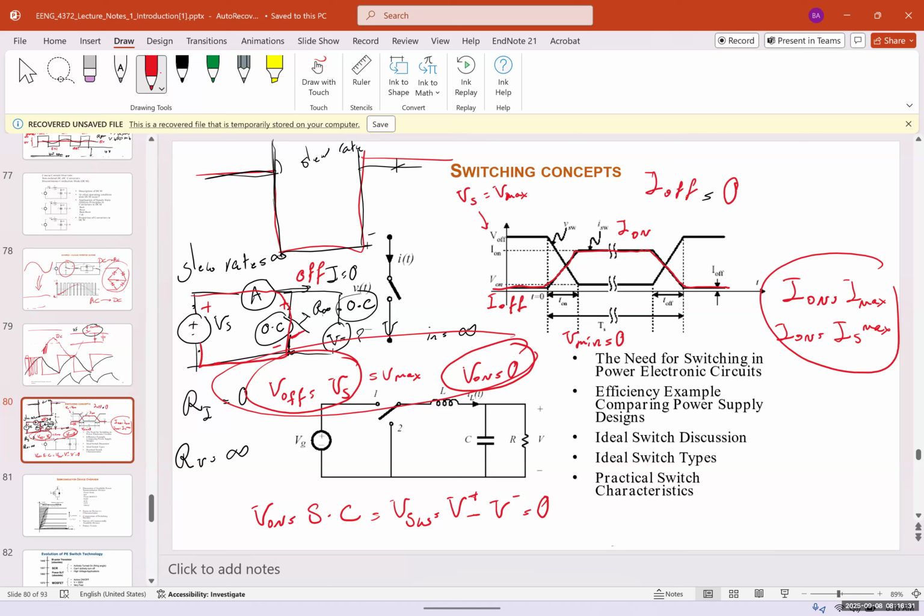And for the voltage, let me do it with green. The voltage, when the switch is off, we're going to have the maximum voltage. And when the switch is on, we're going to have the minimal voltage. So the green one shows the voltage, the red one shows the current. Is it clear? Yes. Do you want me to explain it again, or?